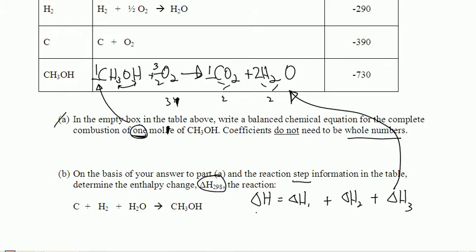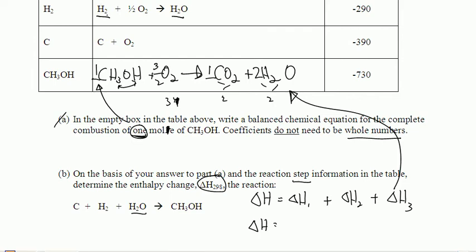Okay, so let's go through here and let's sum this up. The first step they give you, what does this reaction and the lower reaction have in common that nobody else shares? H2O is here, H2O is also here, but H2O shows up in the bottom reaction as well, so let's wait to the end for that.